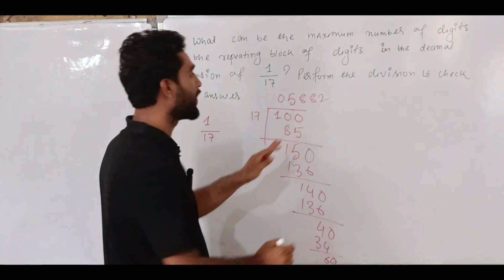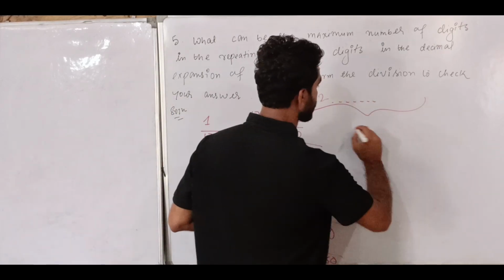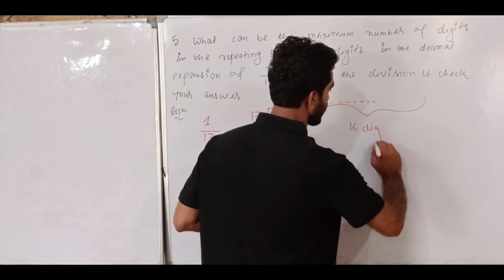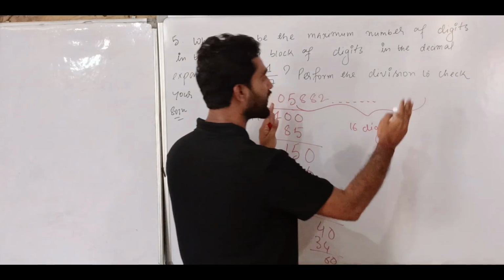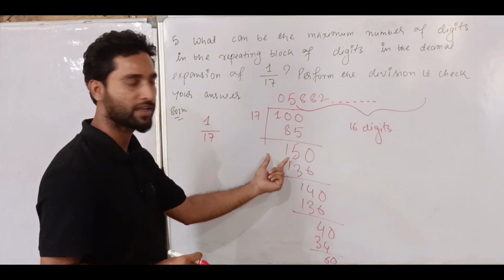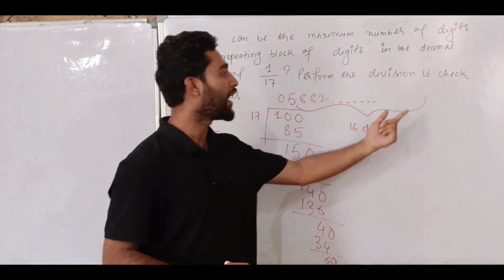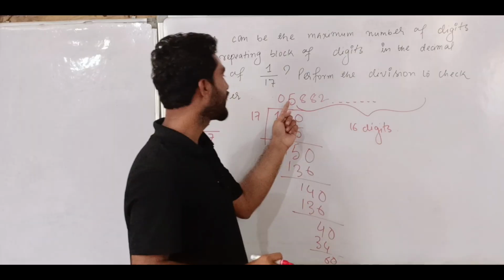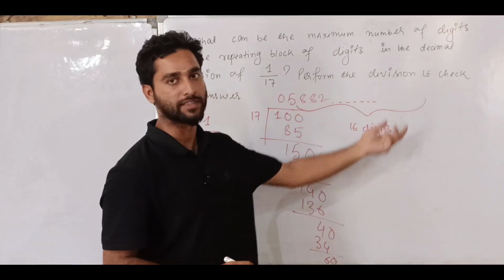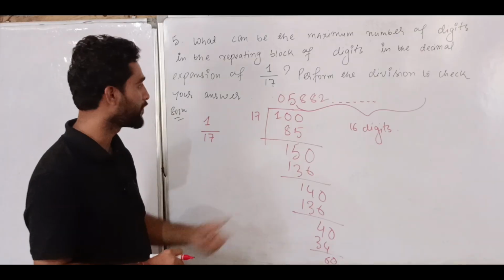So like this, if you divide, you will be getting 16 digits. You will find the 16 digits will be repeating. This is a very long division you can perform at home. After 16 digits you will get 5, 8, 8, 2 again like this. So you can perform this and check by yourself.